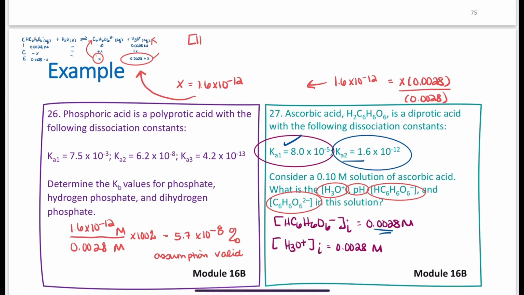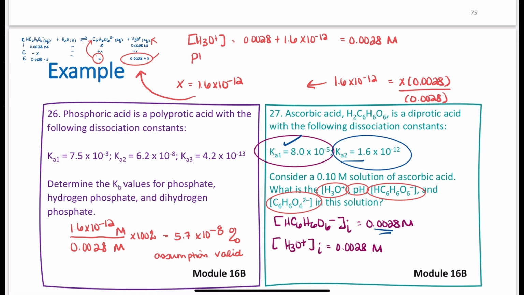That means that my hydronium concentration in the solution is equal to 0.0028 plus 1.6 times 10 to the negative 12, which really equals 0.0028, and it is concentration, so it is molarity for the units here. That little bit more of dissociating at the end is not changing the concentration at all.